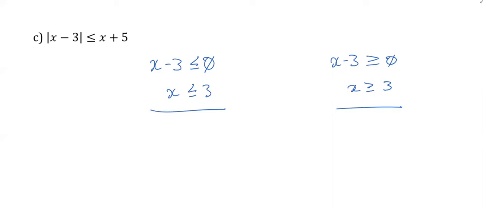So there I've done my case 1, case 2. You can make sure yours is the same. When the argument of the absolute value is less than 0 and when it's greater than 0.